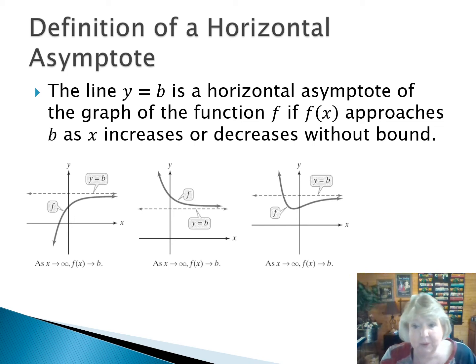I say that we're approaching a line and never touching it, but we're only looking at the part of the graph that is coming up to it. It does not mean that it couldn't have ever crossed it like the vertical asymptote does. The vertical asymptote can never be crossed, but a horizontal asymptote can sometimes actually cross the graph, just not in the area as we're approaching infinity.